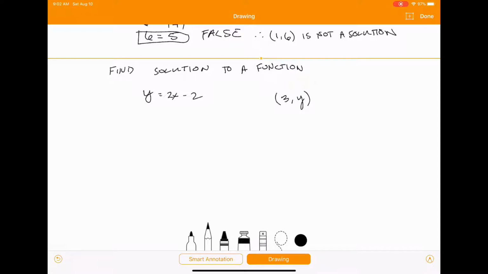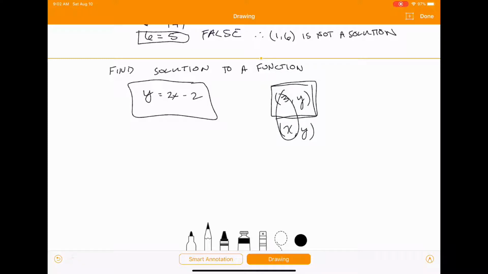And we want to find a solution to this equation in this form, so where x equals 3. So again, this is x, y, so we're going to plug 3 in for x. All right, so y equals 2 times 3 minus 2. y equals 6 minus 2, so y equals 4. So just one of the many solutions to this function is 3, 4.